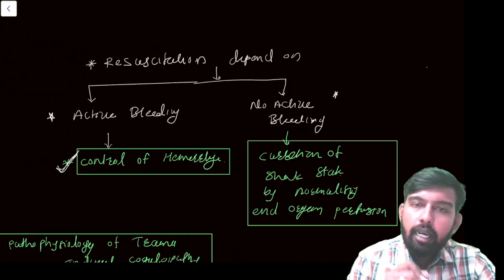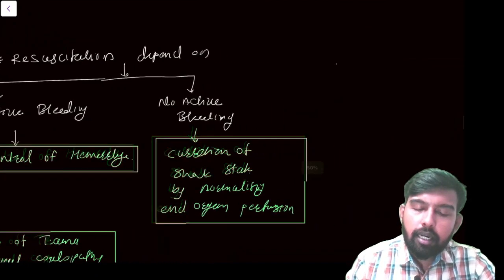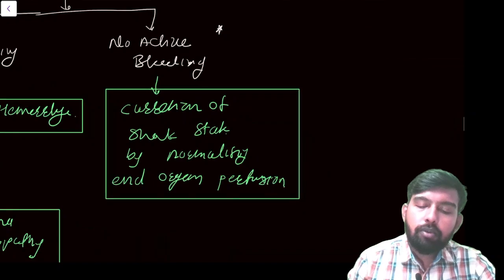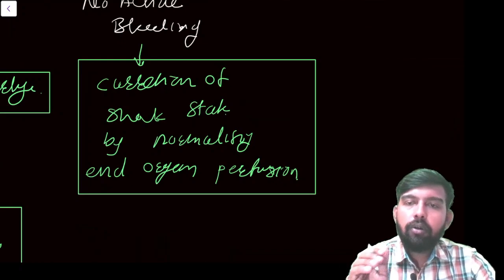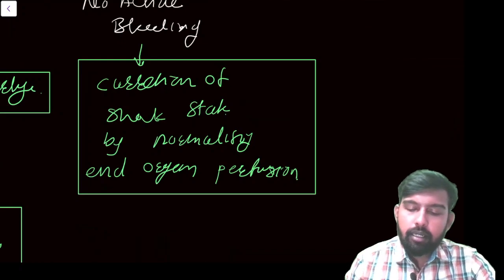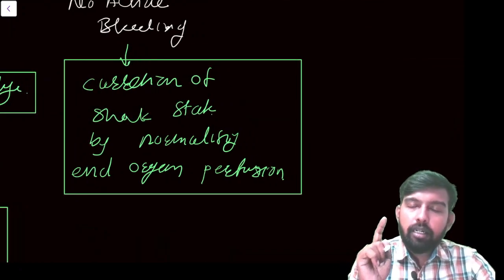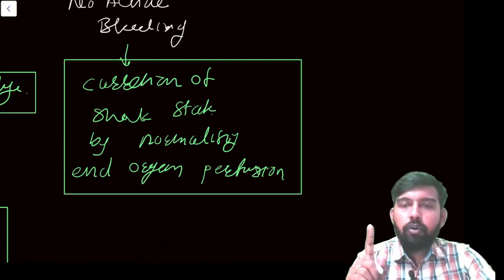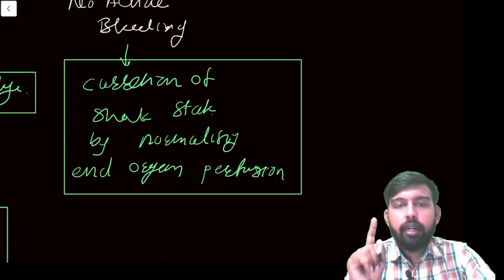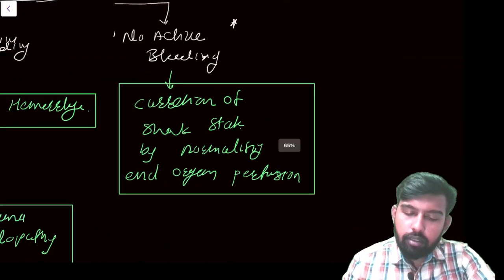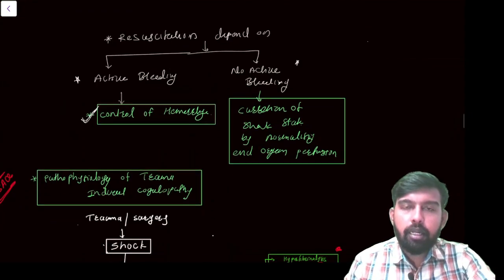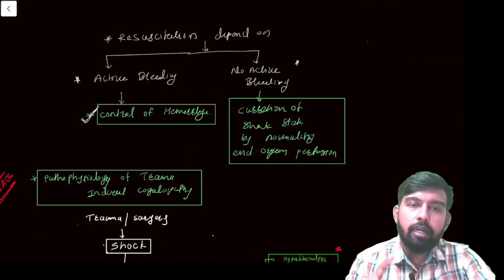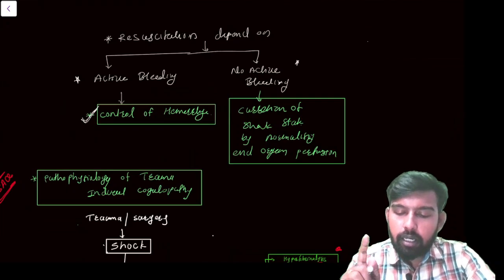If the patient is not actively bleeding, then the most important treatment would be correction of the shock state by normalizing the end organ perfusion. That is the treatment of the hypovolemia resulting in the end organ damage. So this would be the method of resuscitation depending upon whether the patient is having active bleeding or no active bleeding.